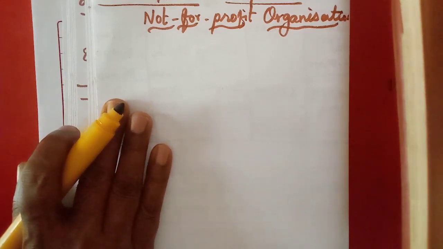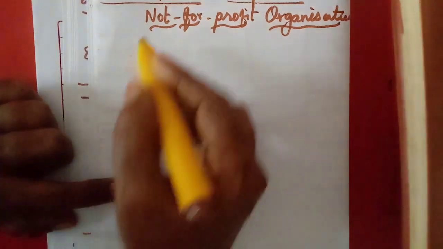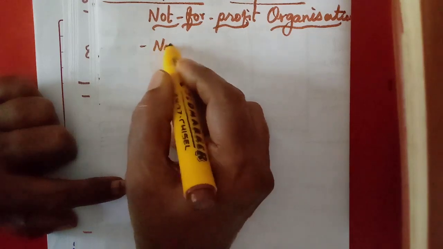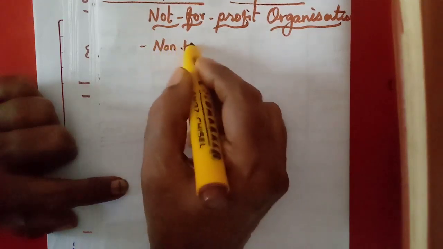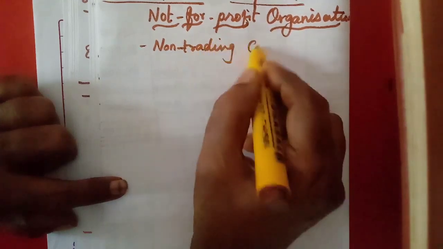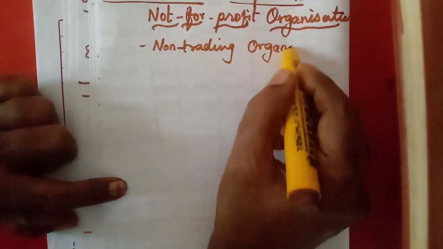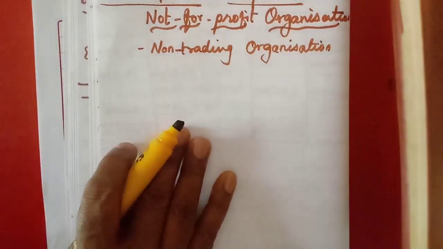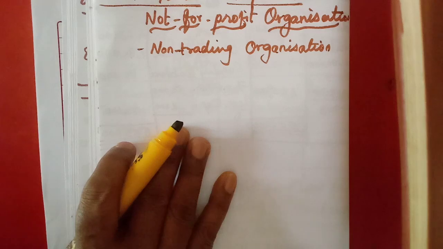Before, we used to call them non-trading organizations. When we were learning, they were called non-trading organizations. Now only it is given in the book as not-for-profit organization.